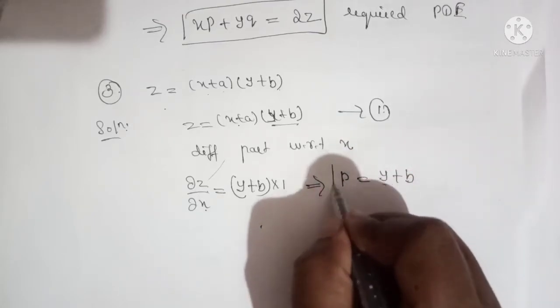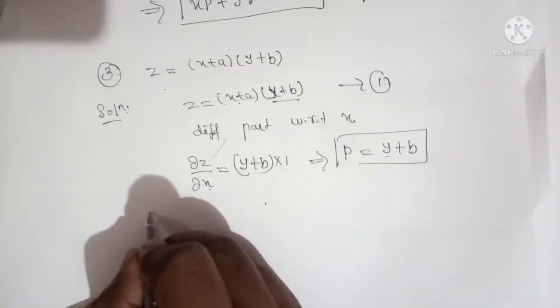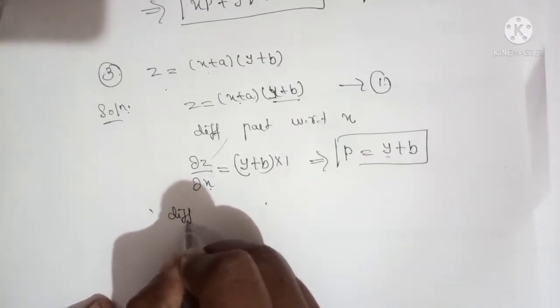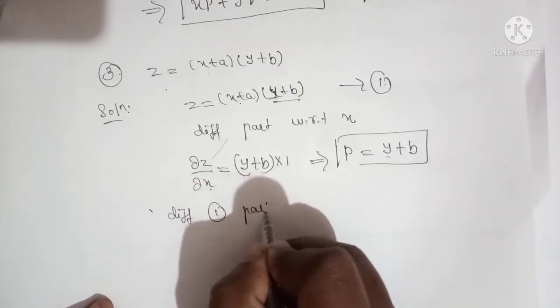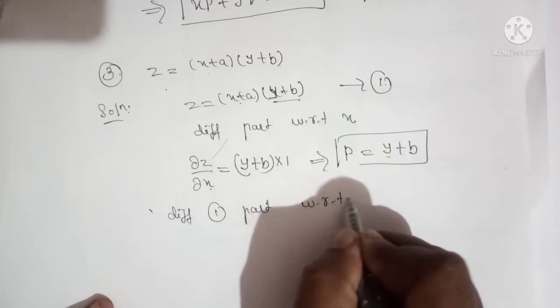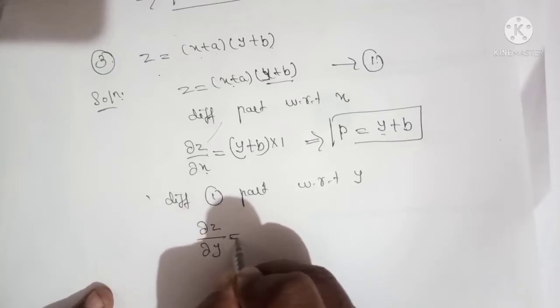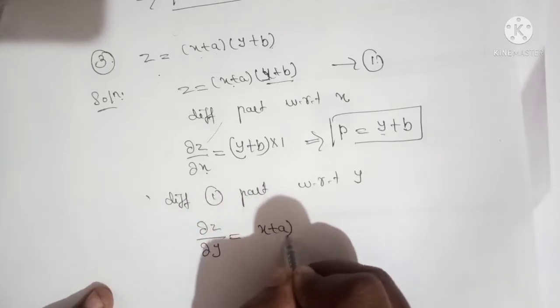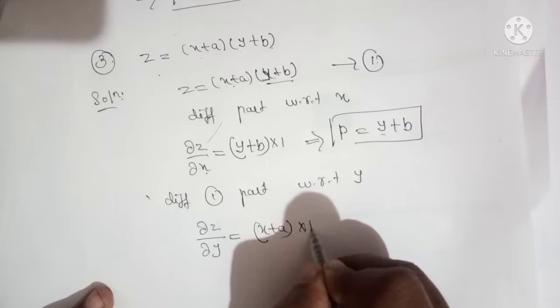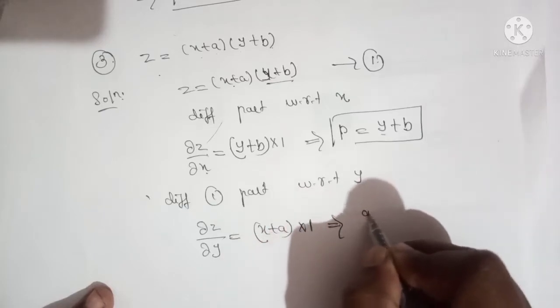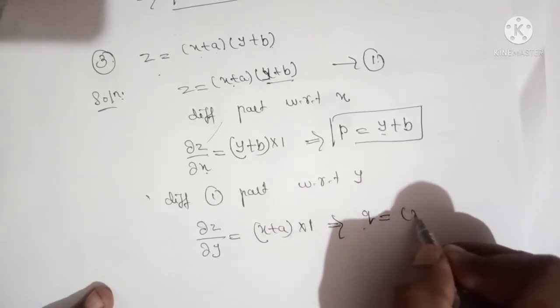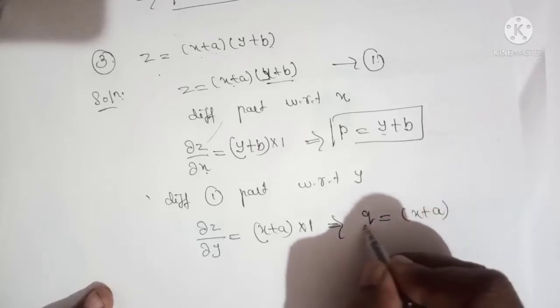So simply we keep this as it is, and again differentiating equation 1 partially with respect to y, we get dou z divided by dou y is equal to, now x plus a being constant, y plus b differentiation is 1. So further it can be written as q is equal to x plus a.